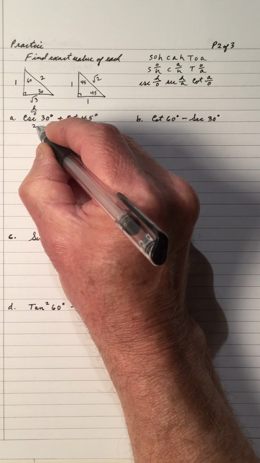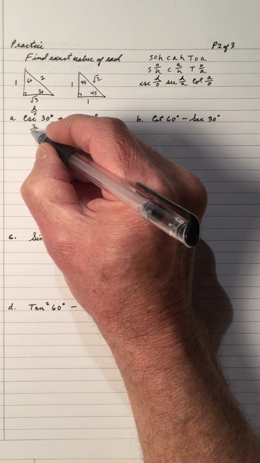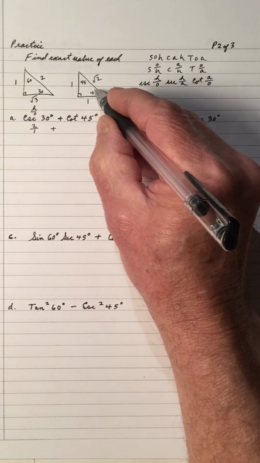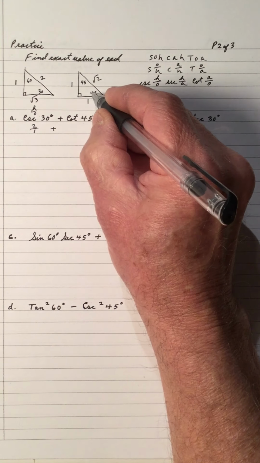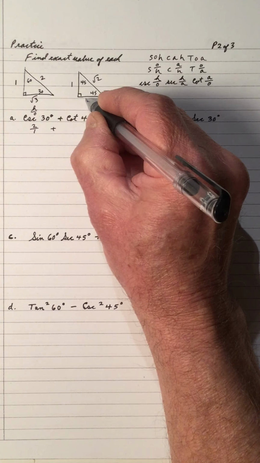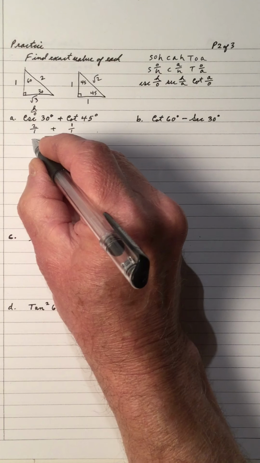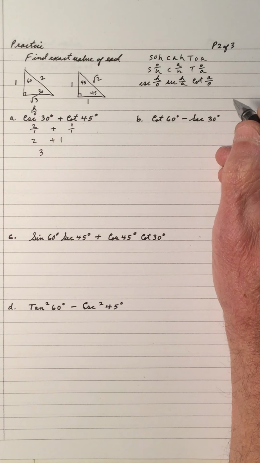Hypotenuse is 2, opposite is 1. And plus sign. We have the cot of 45 degree angle. Cot is adjacent over opposite. Any angle will do. Adjacent, 1, opposite, 1. So that's a 2 plus 1, which gives me a 3.